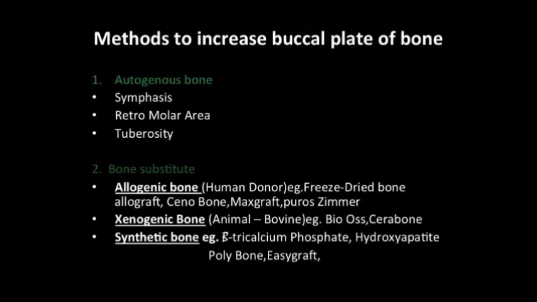So there are many products in the market, and many kinds of bone substitutes that you can use. Different countries have different brands. I don't want to go through brands because every country has its own brands available in the market. So in general, these are the things that we can use, either autogenous bone or a bone substitute.